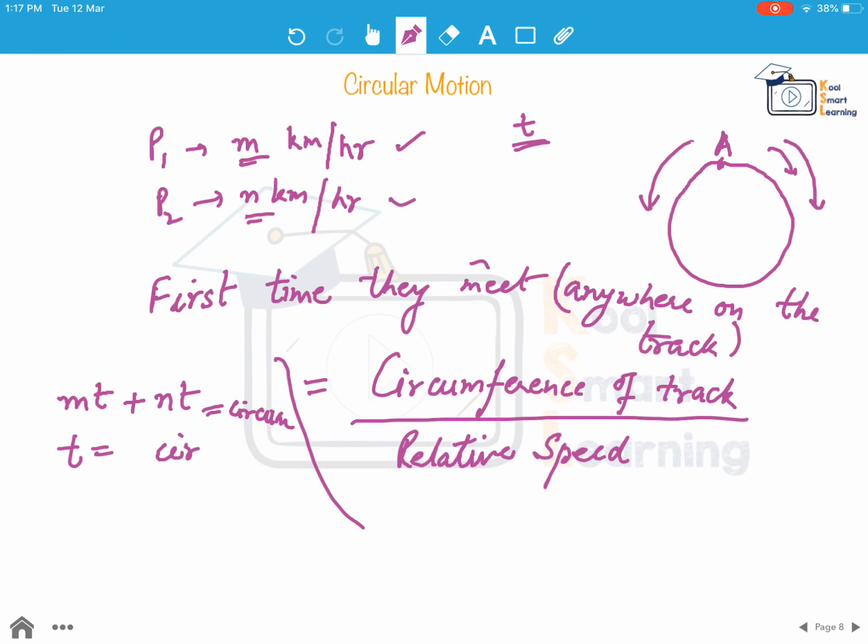So t will be given by circumference divided by m plus n, and m plus n is nothing but the relative speed when they're moving opposite to each other. Right? So this is opposite direction.